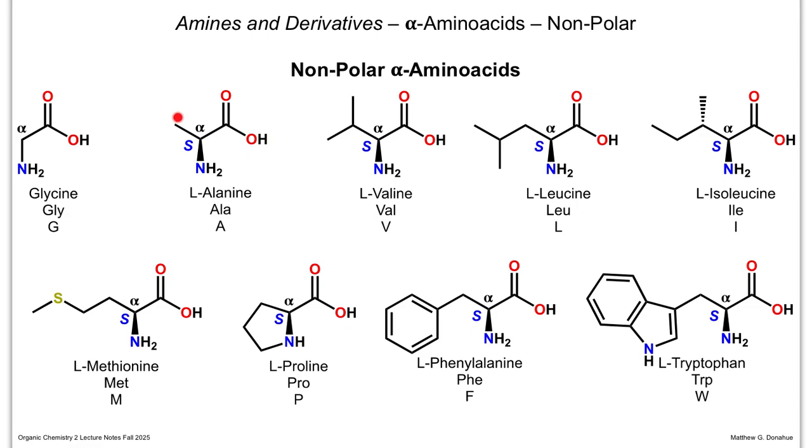Basically the side chain is your normal CH stuff. So glycine, notice it does not have a stereogenic center. The alpha carbon is just 2 hydrogens. These are the names: glycine. They have 3-letter abbreviations, so GLY, and then they're further abbreviated G.